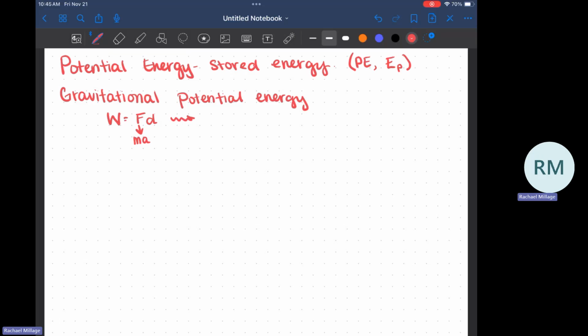So when we're talking about GPE, we can turn this into mass times gravity times height. So your GPE, or gravitational potential energy, is mass times your gravitational acceleration, which usually is 9.81, times your height.